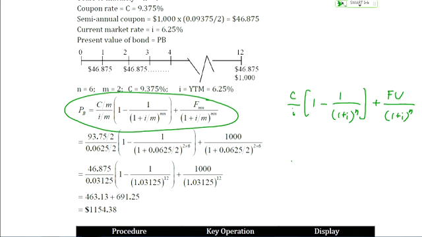That's the same thing. The formula on the left just shows you all of the process if we use C as the annual coupon. So if you want to do half a year coupon, you take C divided by 2. That's what we did, right? So we just put C is half a year coupon payment.